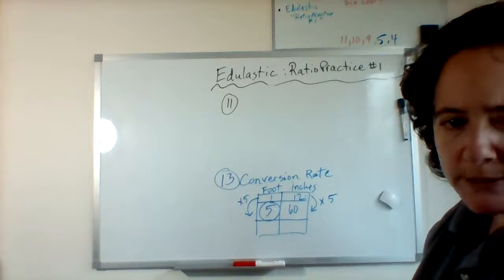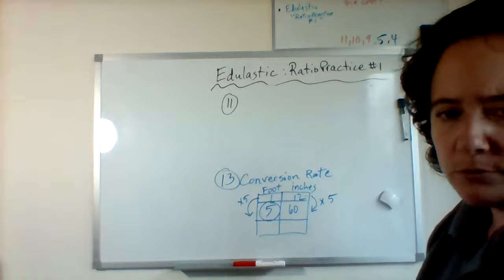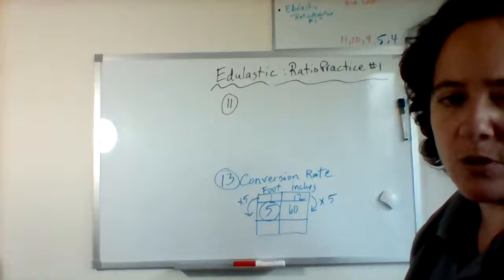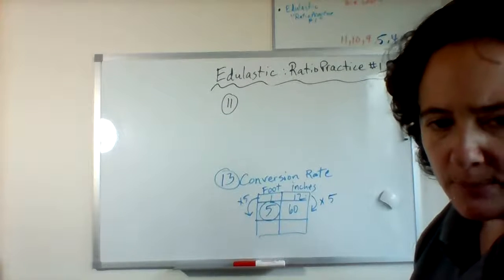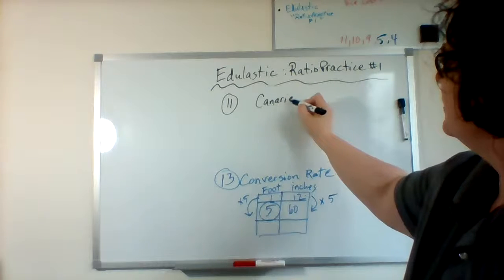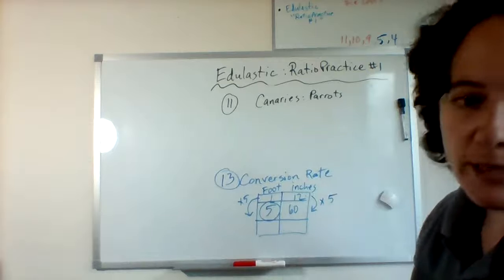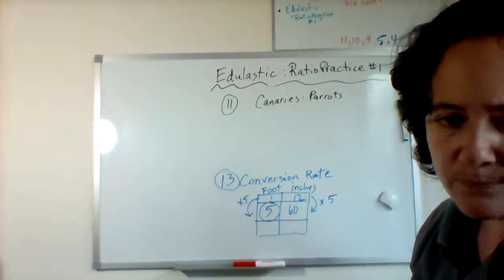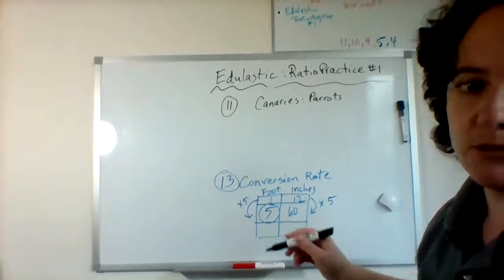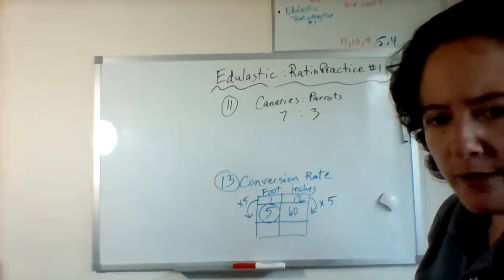Use the drop-down menu to create the correct ratio according to the situation. We have canaries and parrots. Canaries to parrots. The ratio they give us is 7 canaries to 3 parrots. 7 to 3.